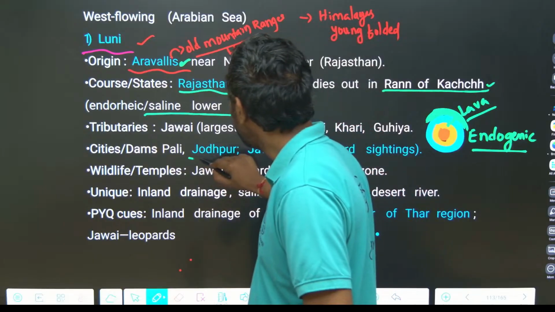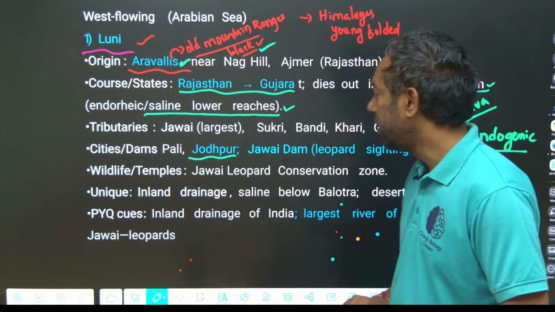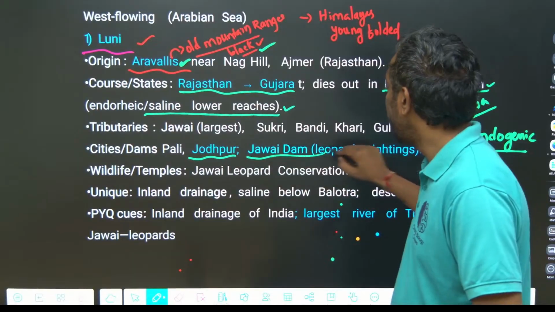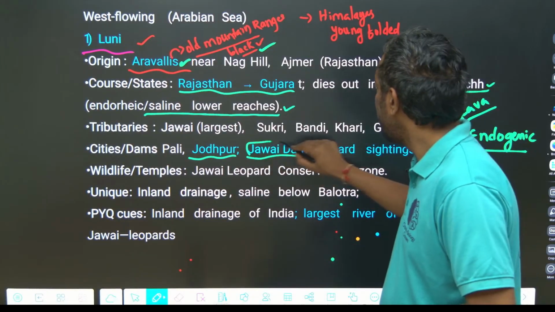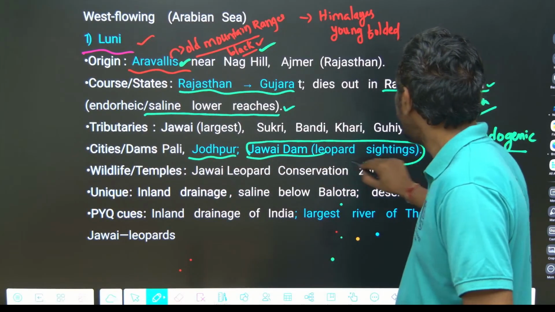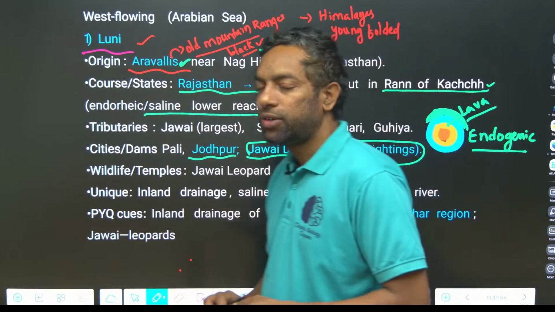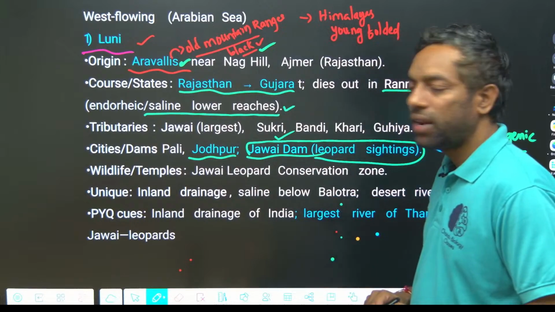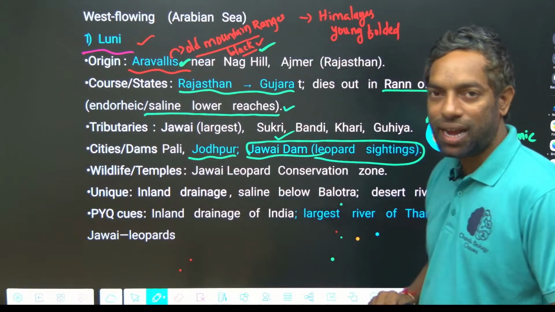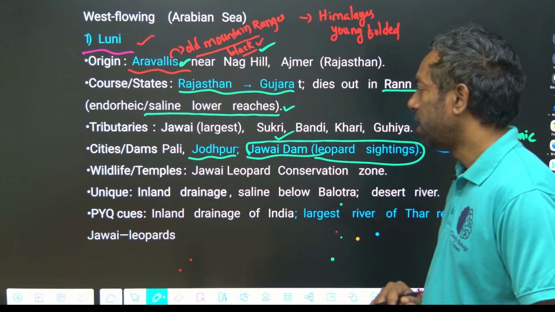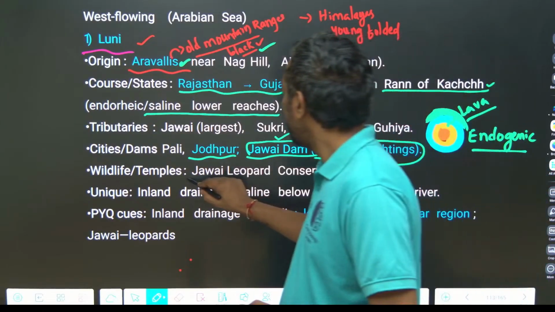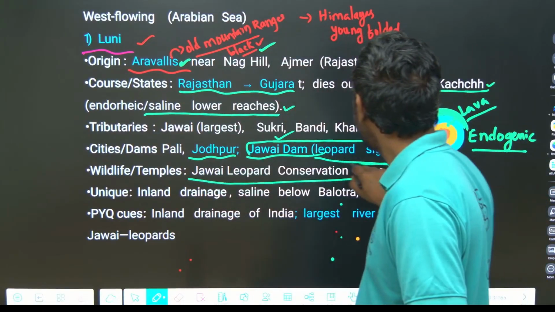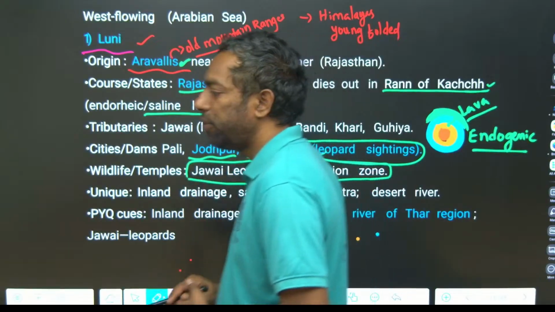Jodhpur city in Rajasthan is crossed. The dam on the Luni river is Jawai Dam, which is known for leopard sightings. This is important. The Jawai Leopard Conservation Zone is there on the Luni river.